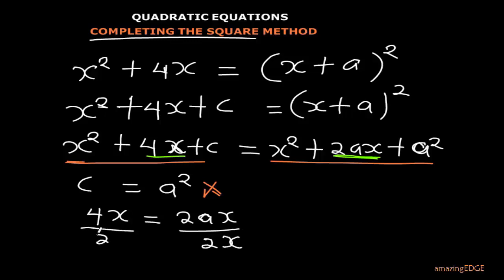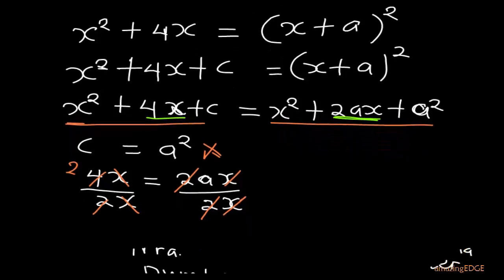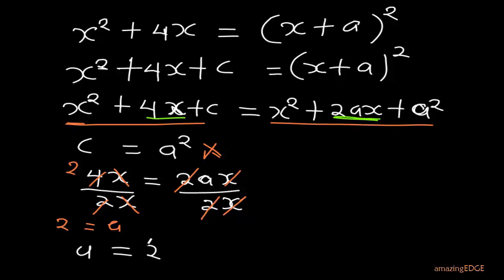Here you also divide by 2x. My x will cancel this x, 2 will divide 4, which gives me 2. What do I have left? I have a left. So I have that 2 is equal to a, which is another way to write that my a is equal to 2. So I have gotten my a.